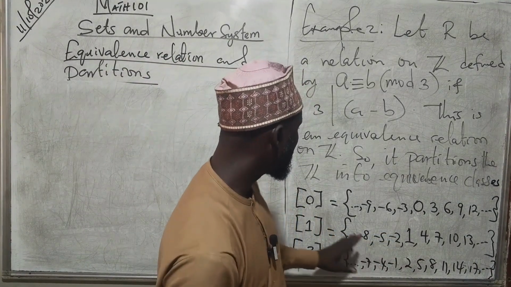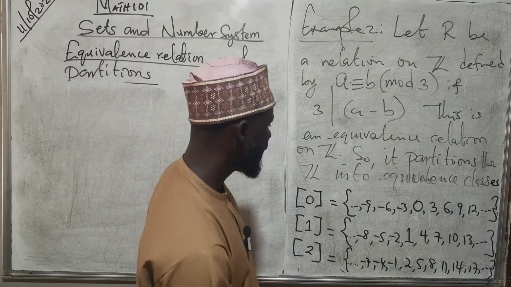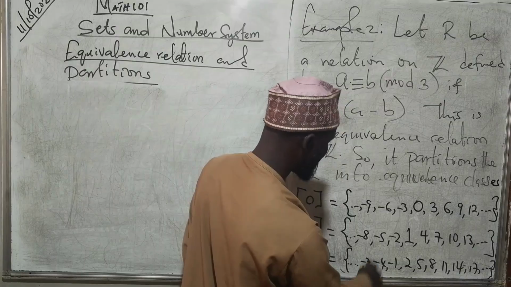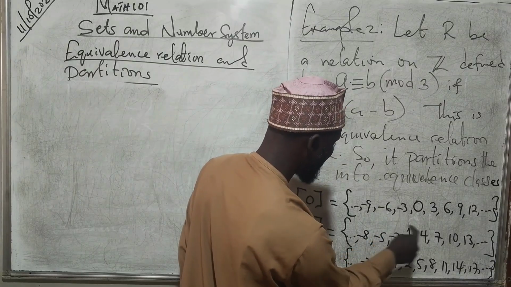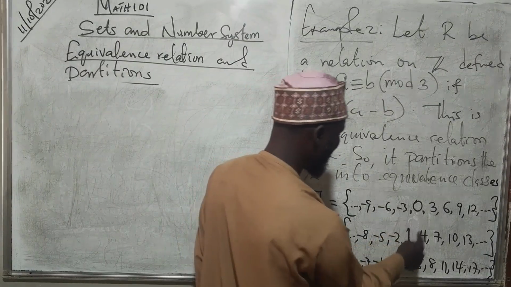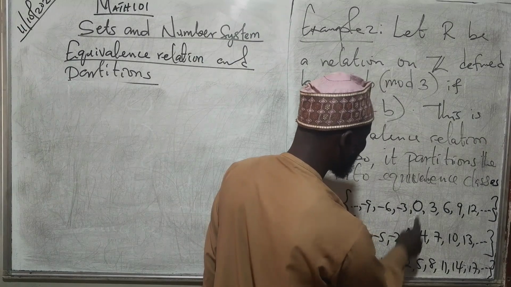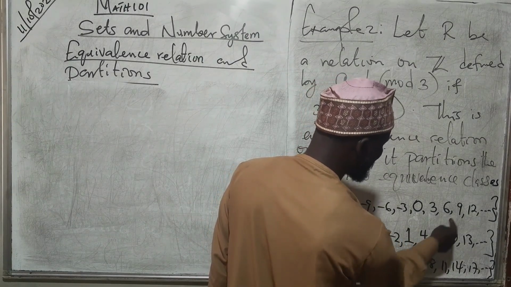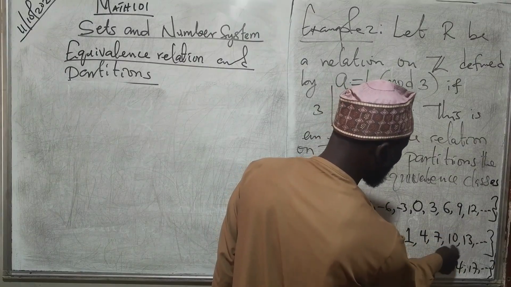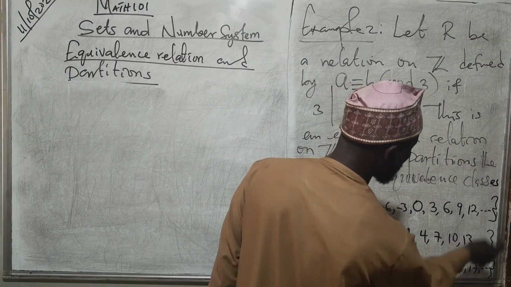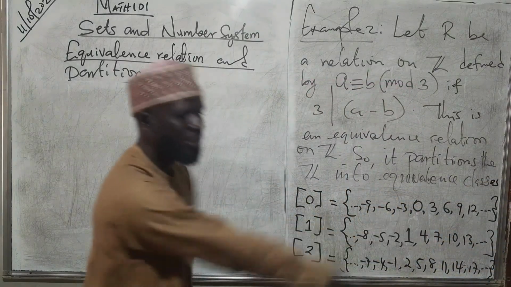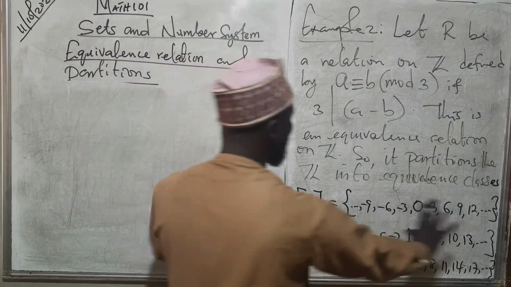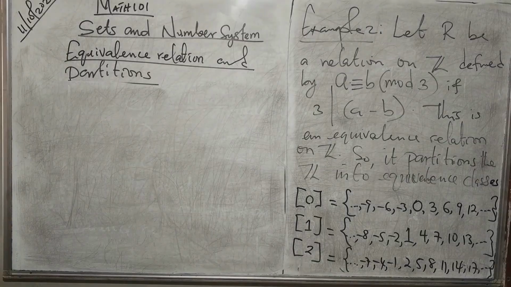So you see, if you are counting the integers, you have minus 9, minus 8, minus 7, minus 6, minus 5, minus 4, minus 3, minus 2, minus 1, 0, 1, 2, 3, 4, 5, 6, 7, 8, 9, 10, 11, 12, 13, 14. Likewise, 15, 16, 17. That's how it continues. And if you check the union of all these classes, it gives you the set of integers.